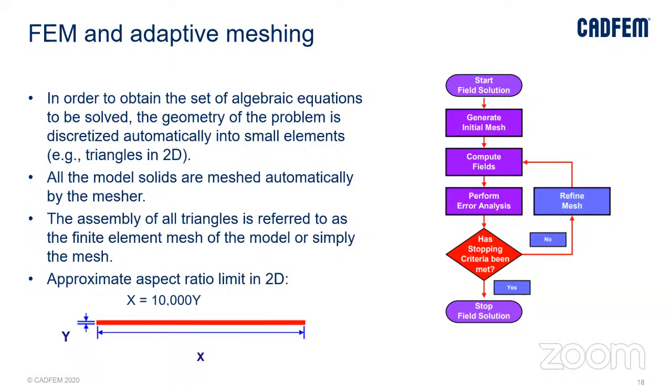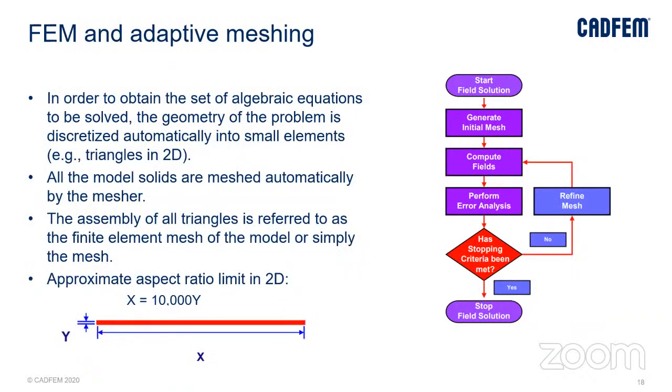If it meets the convergence criteria, it automatically stops. If not, it automatically goes back and refines the number of passes, which means it refines the number of elements, improving the mesh element count. That is the basic phenomenon the auto adaptive meshing technology follows.